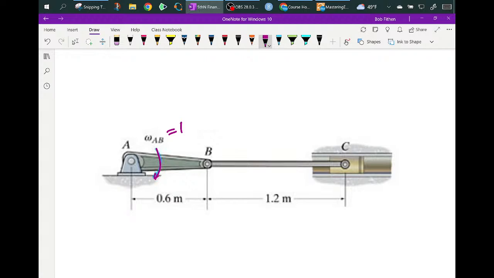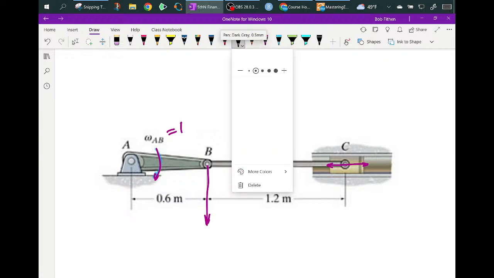If this is rotating this way, the velocity will come down like this. Over here, the velocity is either going to go this way or this way. You really don't need to know which particular way at this point. And then what you do is you come in and you draw your perpendiculars.